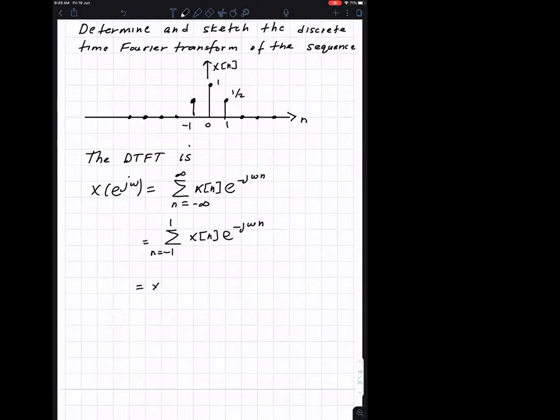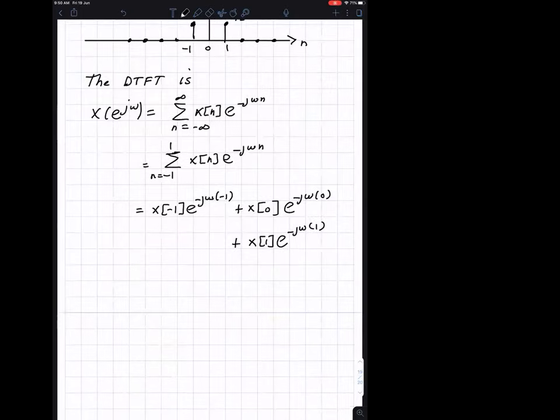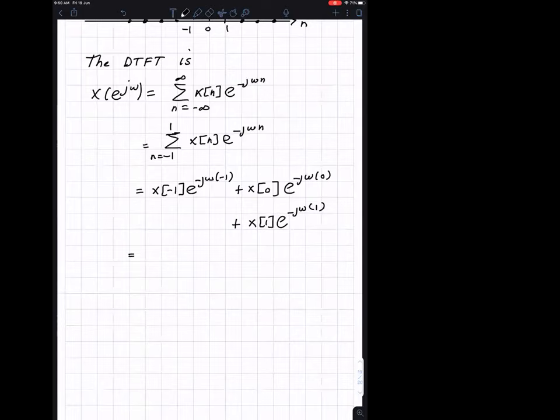When n equals -1, applying n equals -1 to this formula, next n equals 0, next n equals 1. At n equals -1, the amplitude is 1/2.